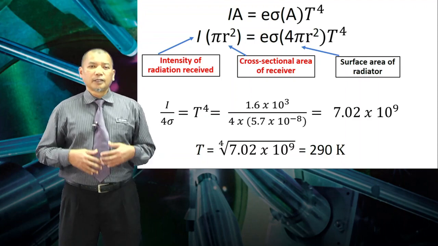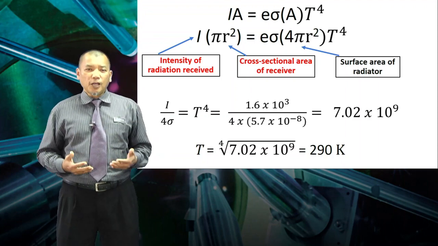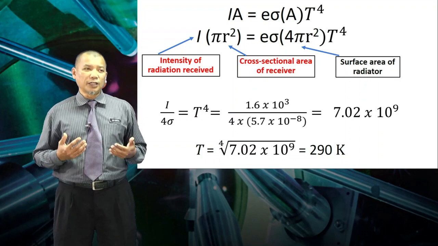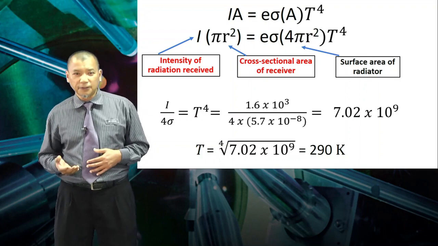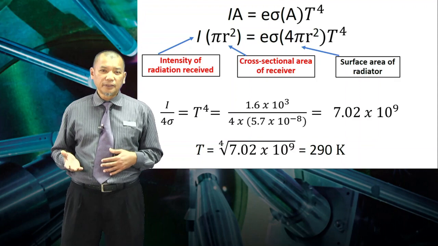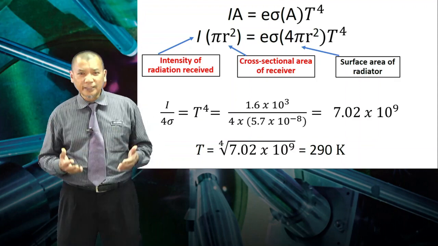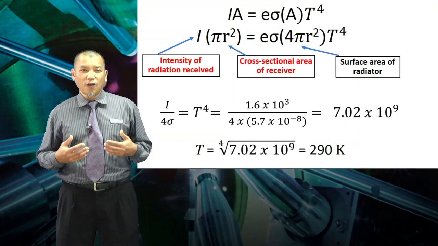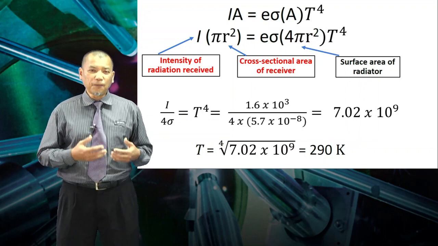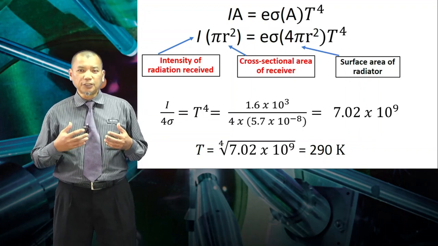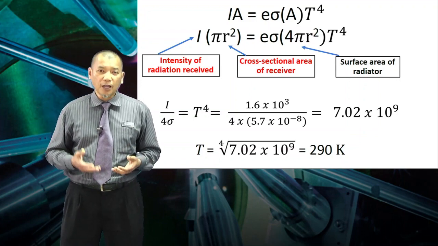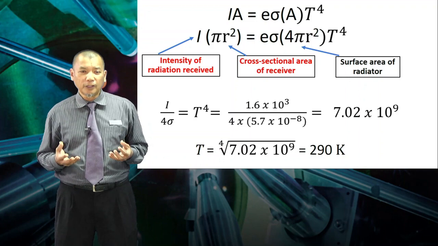Meaning that power absorbed is equal to the intensity of radiation received times the cross-sectional area of the receiver. On the other hand, the radiated power is equal to E, emissivity of a material, times Stefan's constant times surface area of the radiator times the surface temperature of the radiator to the power of 4.